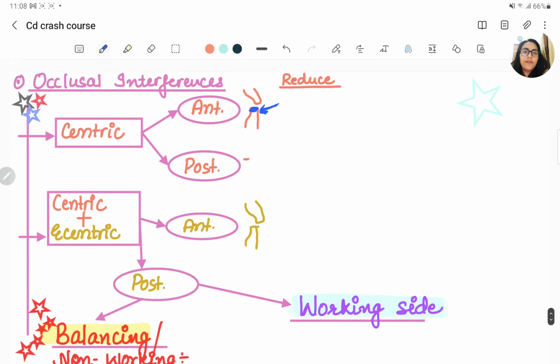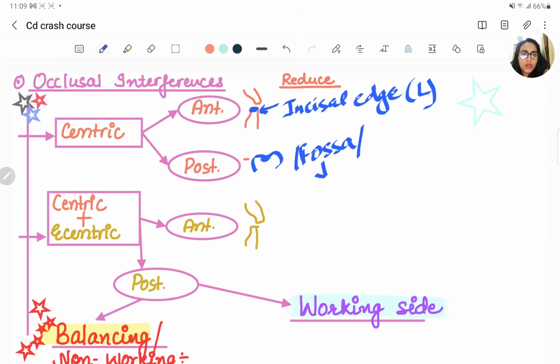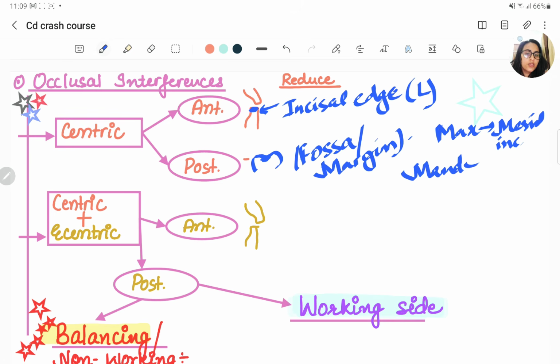If the occlusal interferences are present in centric relation in the posterior teeth, then we reduce the fossa or the marginal ridge of the posterior teeth. Basically, in the maxilla we reduce the mesial incline and in the mandible we reduce the distal incline.